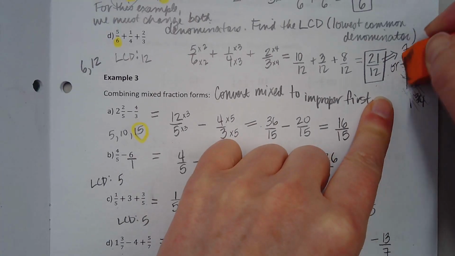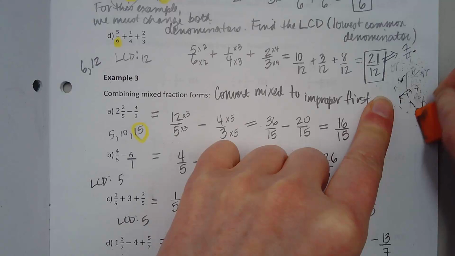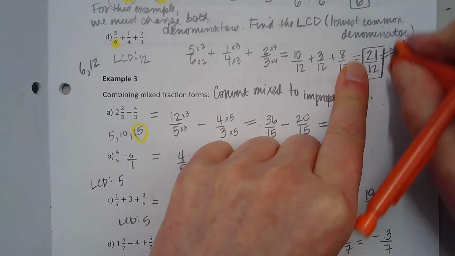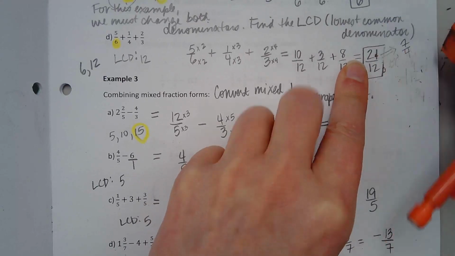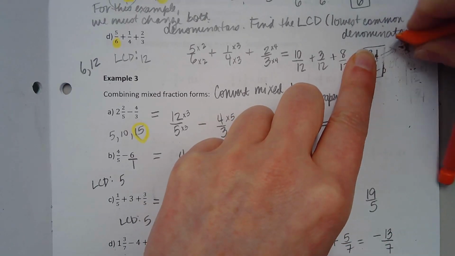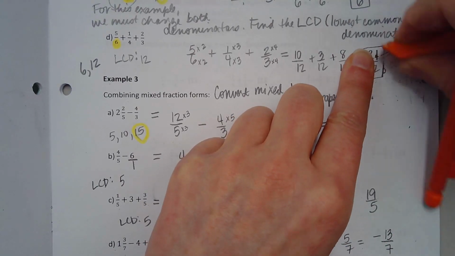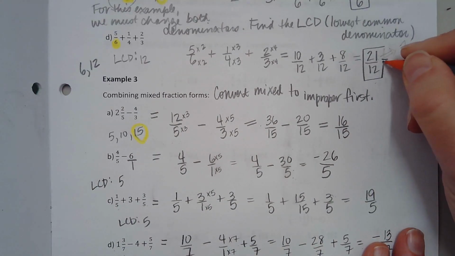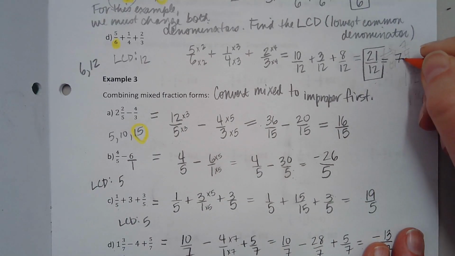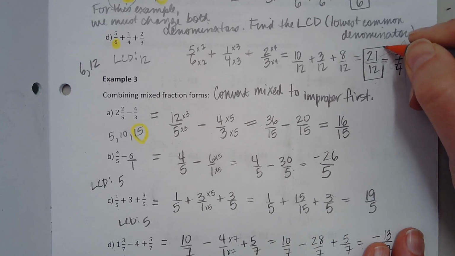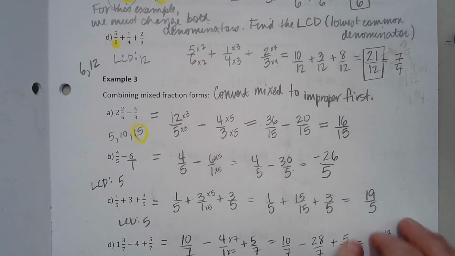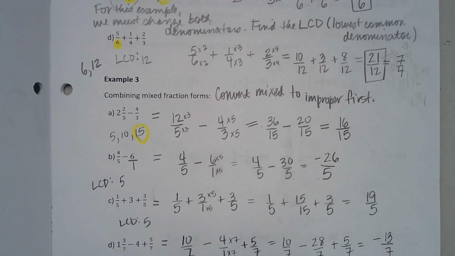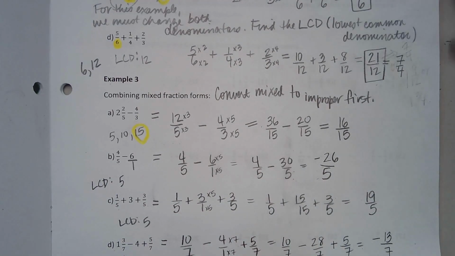I'll just erase them right out, and I'll just write it as 7/4. So all the skills that you were doing in finding equivalent fractions, that's really what you're doing when you're reducing to lowest terms, right? You're just finding the smallest equivalent fraction.